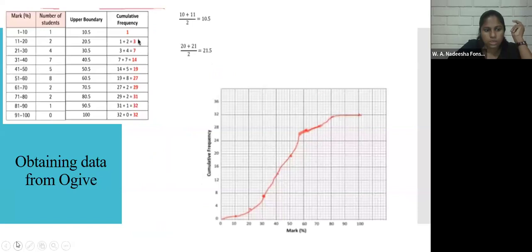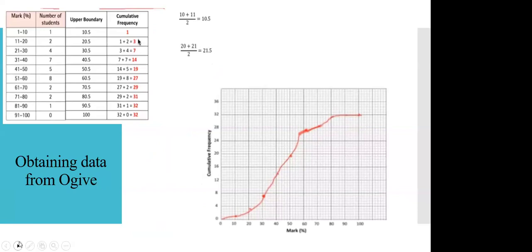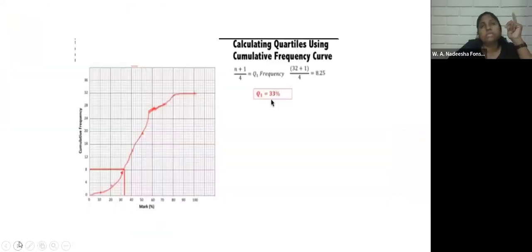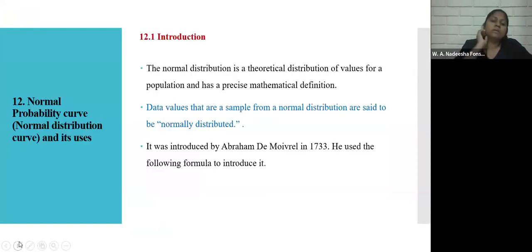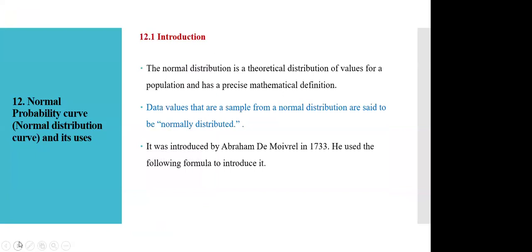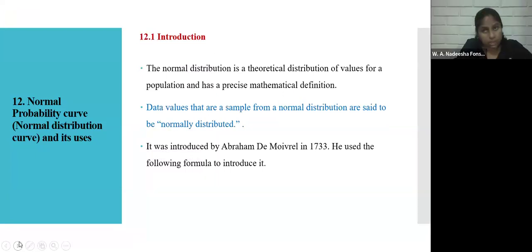This is how we obtain data from the OGIVE or percentile cumulative frequency curve. Up to that, we discussed last day. And then we discussed percentile rank, and some questions on Z score, T score, and those percentile ranks and those calculations we did.